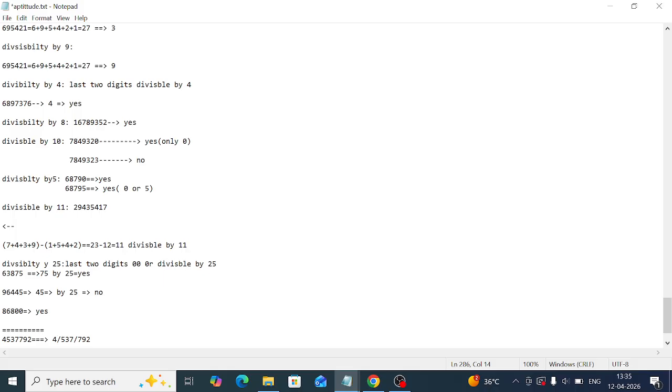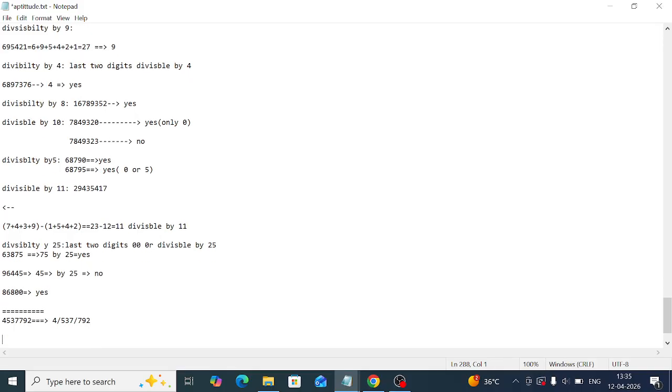Then what will we do? Find the difference between the sum of numbers in even and odd places. If the difference is 0, it is divisible by 7 or 13, in any case it is okay. This is an odd number, this is an even number, this is an odd number.